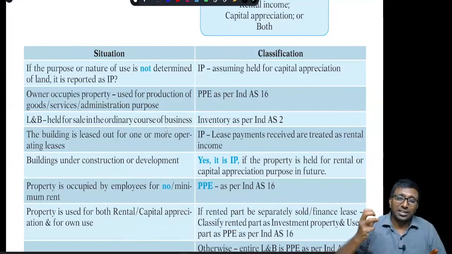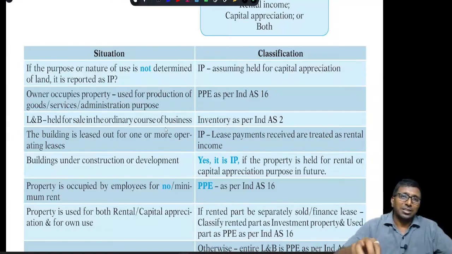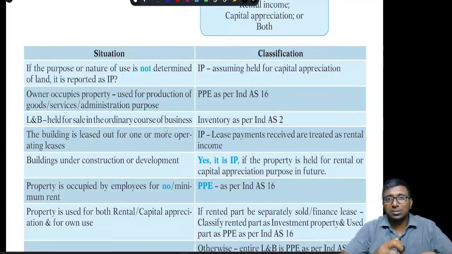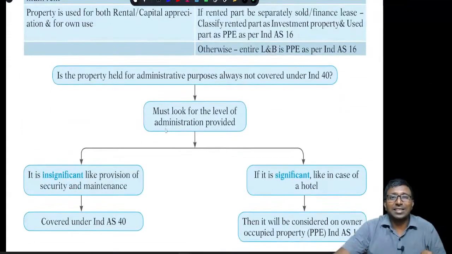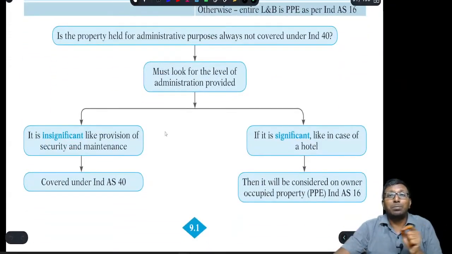But if we are providing significant services, like in the case of a hotel, the customer is paying rent not only for the space but for many other services which the hotel provides. Under that circumstance, the hotel building will be treated as PPE, that is, Ind AS 16 will be applicable.